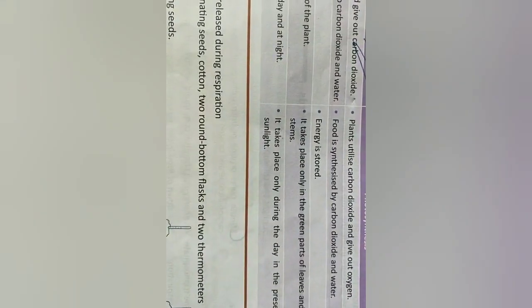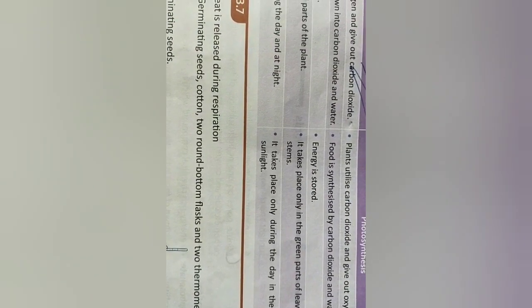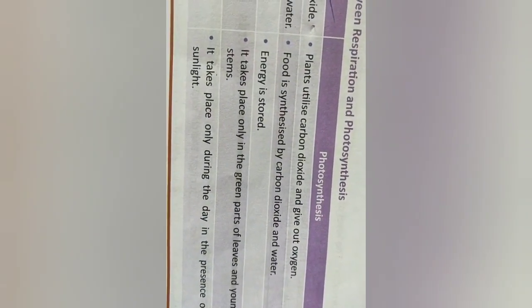The products of respiration are carbon dioxide and water, and the products of photosynthesis are oxygen and glucose. As I have told earlier, respiration takes place during the night and photosynthesis takes place during the day.